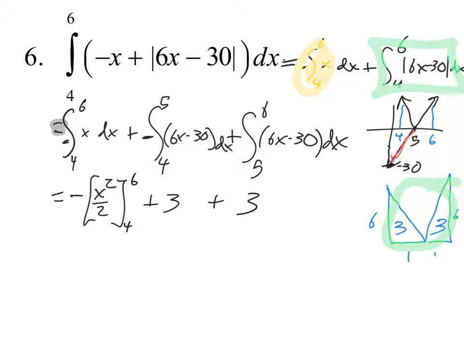Okay, let's just work this out. That's like saying 6 squared over 2 minus 4 squared over 2. Remember, there is a negative out here. Plus 6.